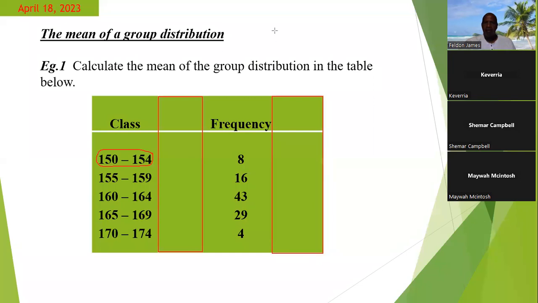So in the first column that we would have created here, we would now refer to it as the X values, right? But remember that this X value is actually going to be your class midpoint values.